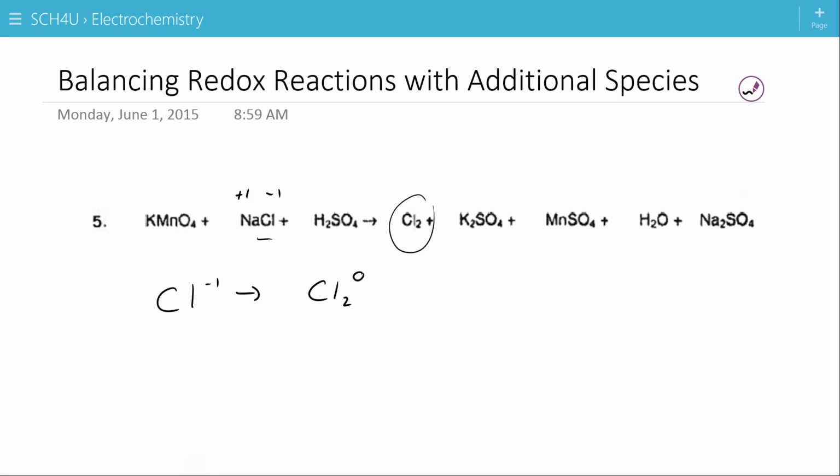It will help me get the number of electrons required to create that diatomic chlorine. It should be balanced in the half reaction, so if I have Cl2, then I should have 2 Cl to balance that out, right? I need 2 chlorines. I had -2 and I went up to 0, so if I want to balance the charge, that means I need 2 electrons on that side.